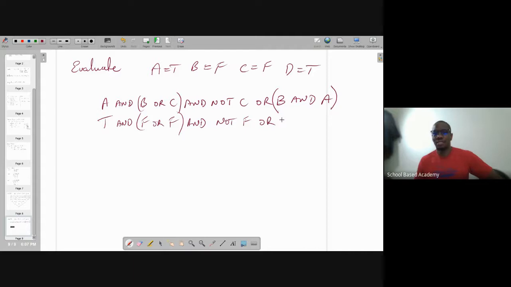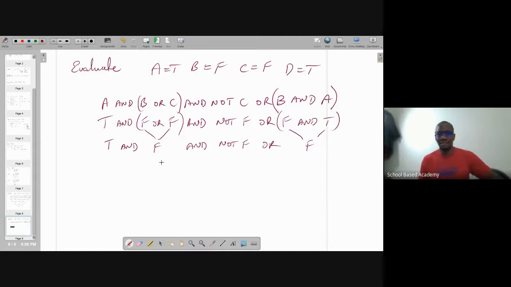B is false and true. So we evaluate the brackets first. False or false will give us false. False and true will give us false. So we have true and false and not false or false.